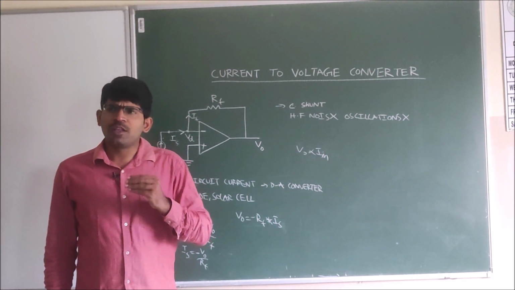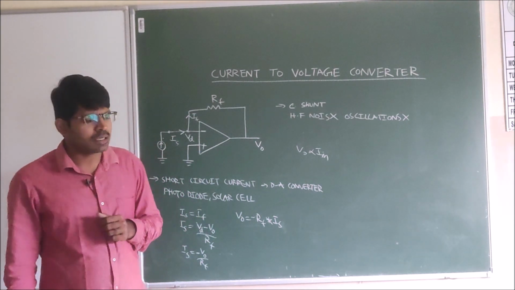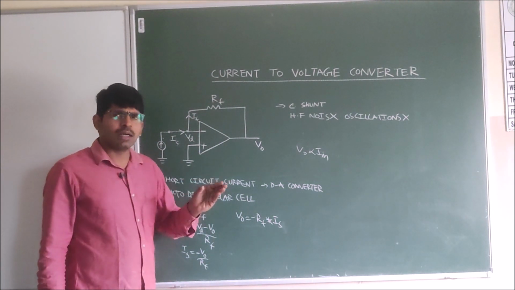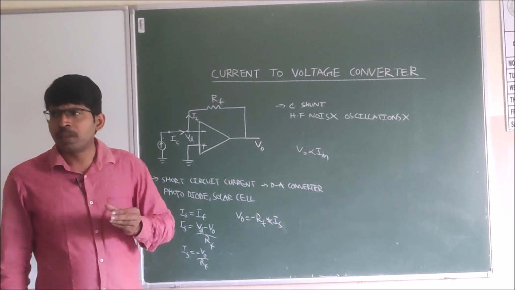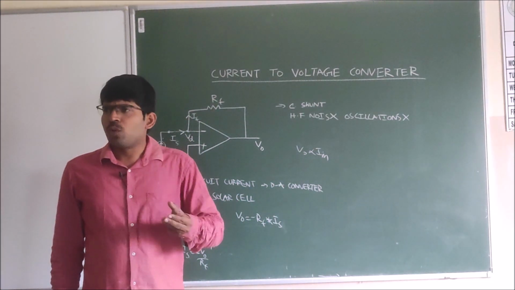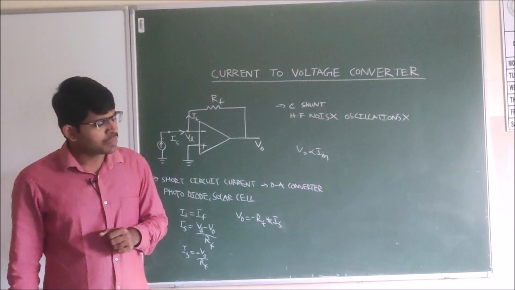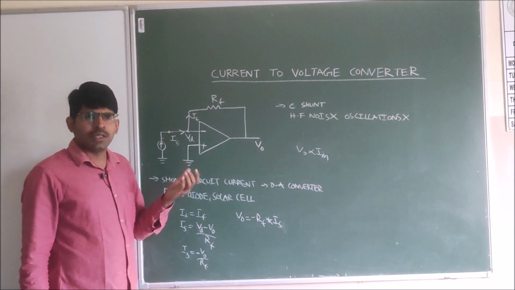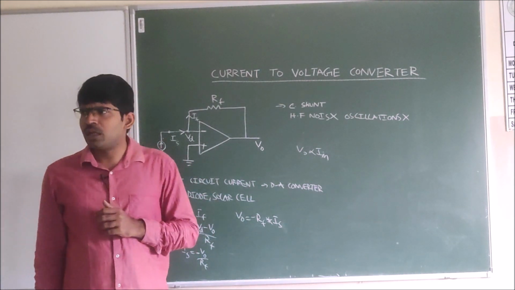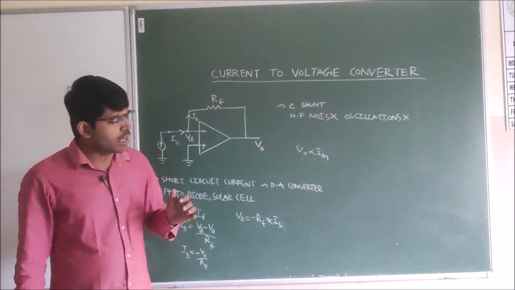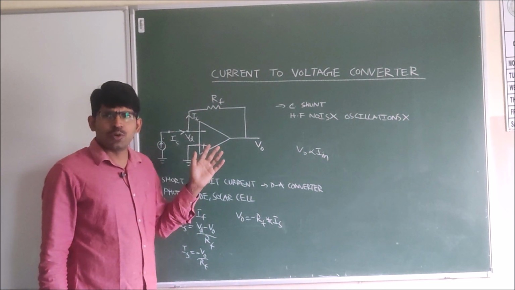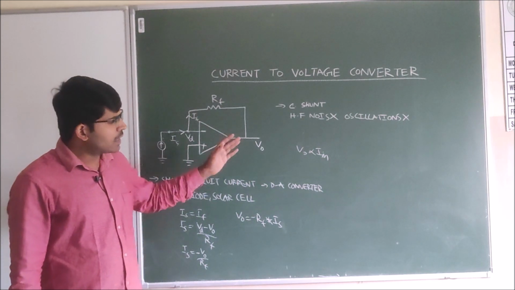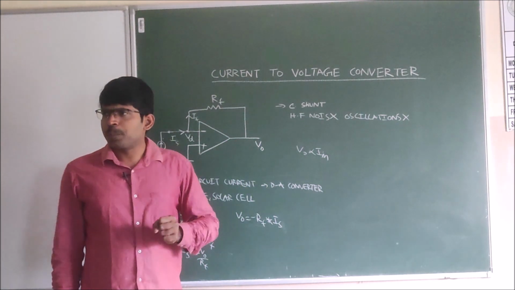Now we want a faithful calculation of the current in the solar cell, photodiode or any photovoltaic cell. At that time, we take the current of that cell and give that current input to this circuit, the current to voltage converter. Accordingly, we observe the output voltage.